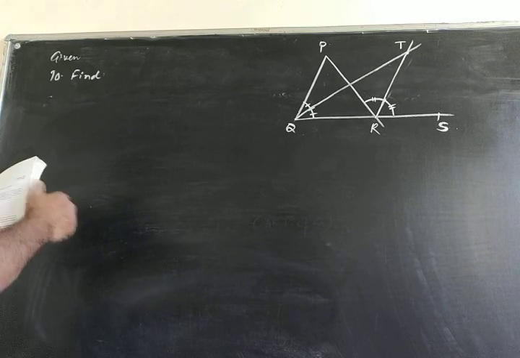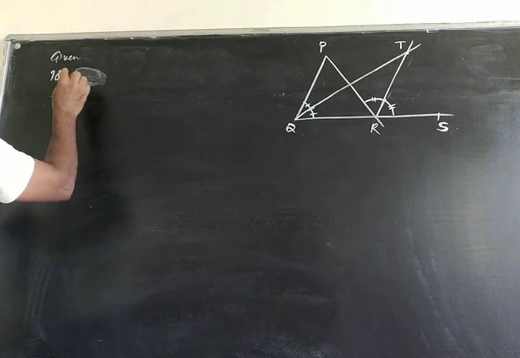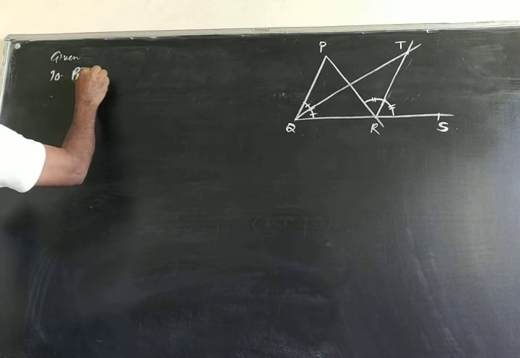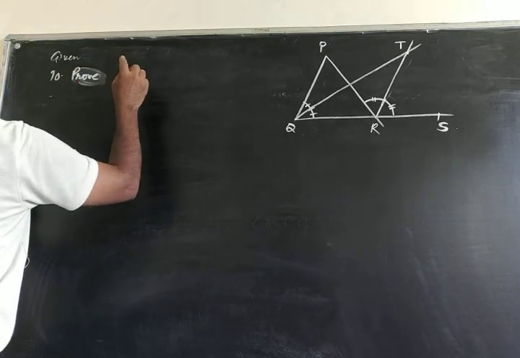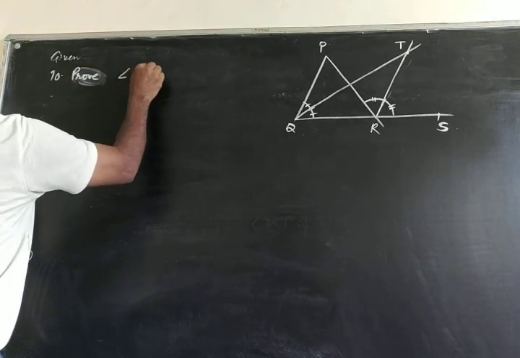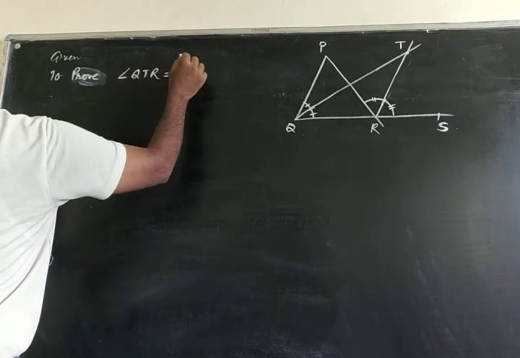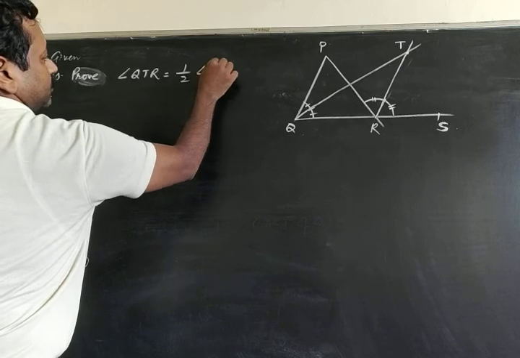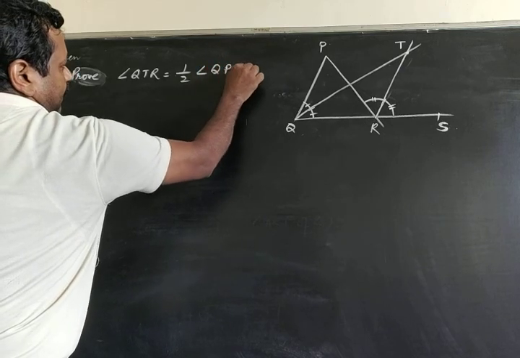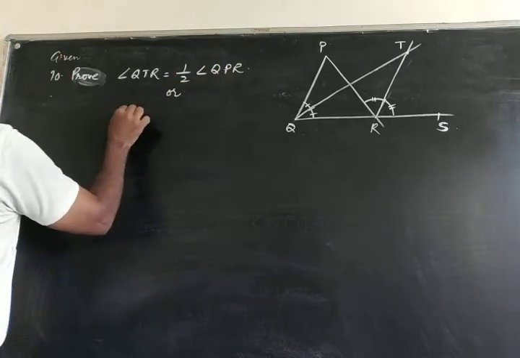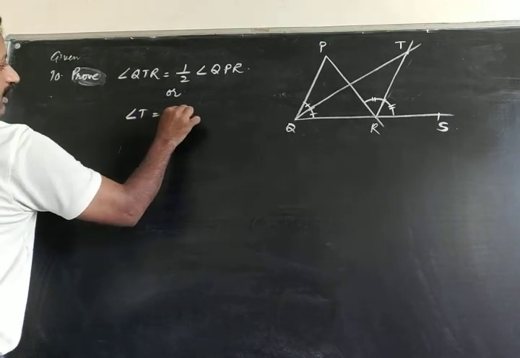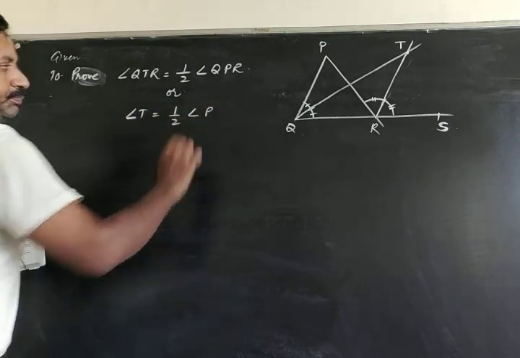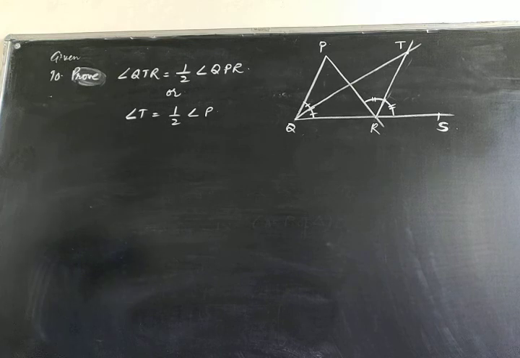Prove that angle QTR is equal to half angle QPR, or we can say angle T equals half angle P. यहाँ पर to prove आ जाएगा, given वगैरह लिख लेना. ये हमें प्रूव करना है.